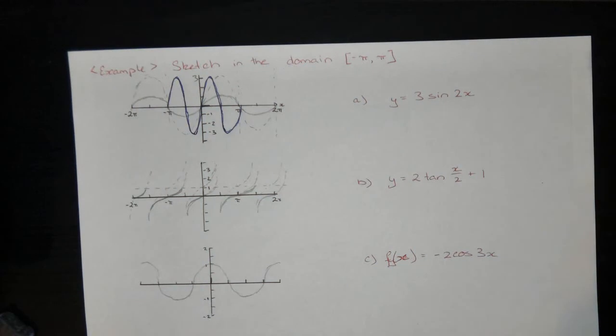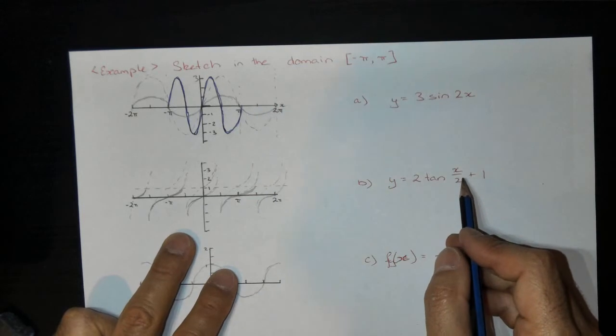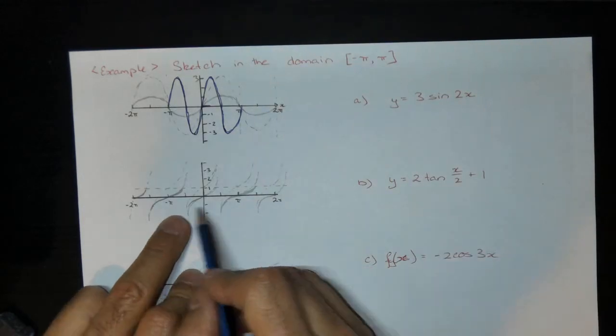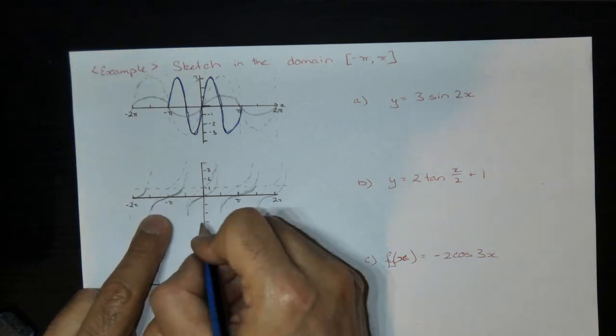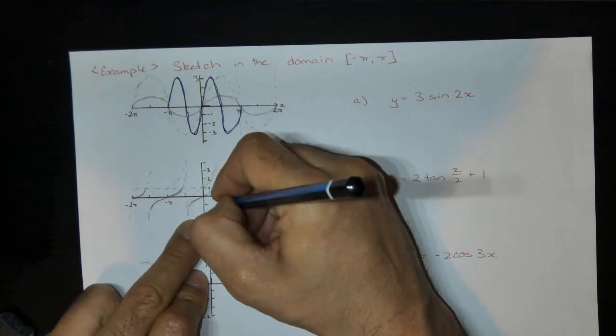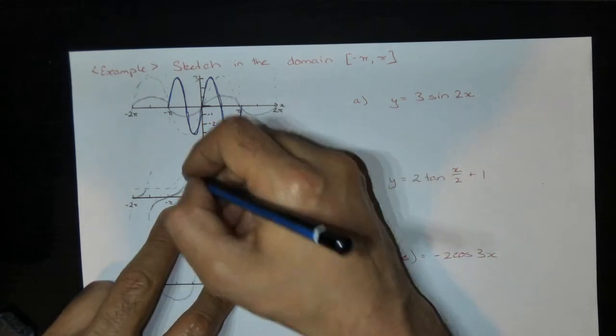Okay. Instead of it happening in a period of pi, it's going to happen in a period of 2 pi. So there's my asymptote, so it's going to stretch.